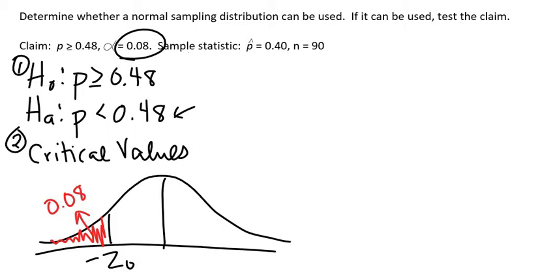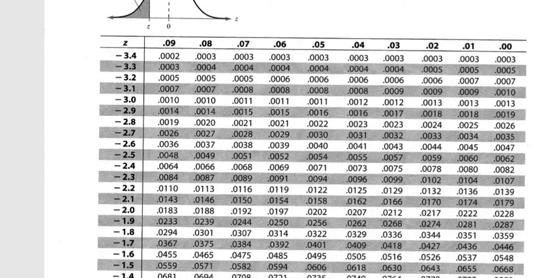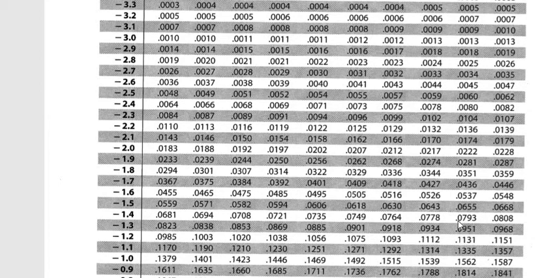So when we go to our table, we're going to look inside the area of the table for a number that's as close to 0.08 as we can find. Here I am at table 4, and I want to scroll down and look in the body of this table to see if I can find as close to 0.08 as I can. And when I scroll down, I see this value of 0.0793.